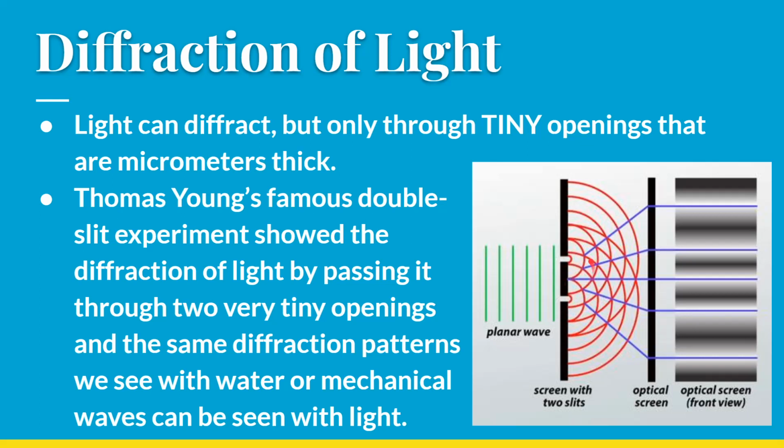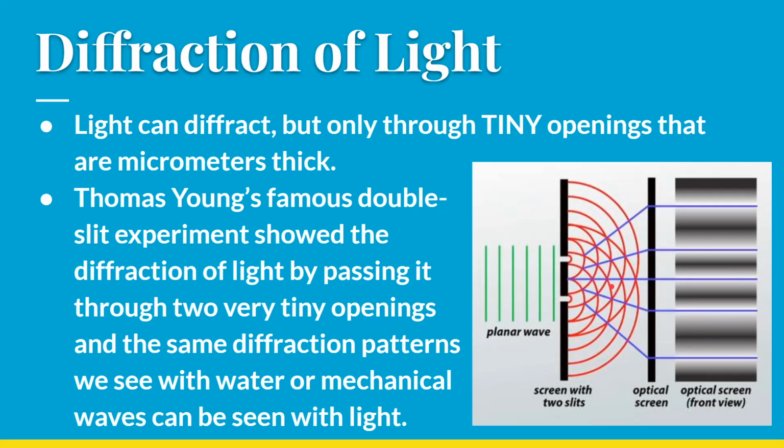On the screen on the other side, you would expect to see two bands of light, but instead he saw multiple bands of light. They were brighter toward the center and then got dimmer as they went out, like this right here. And this was the result of the diffraction pattern that you see right here.